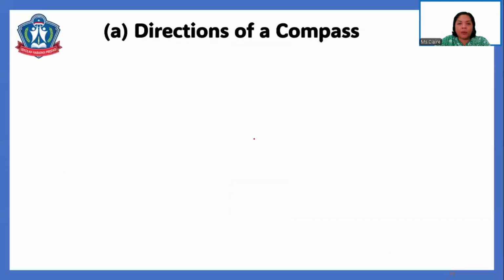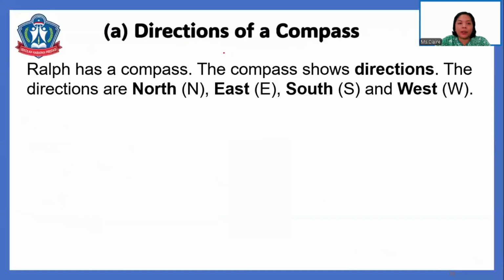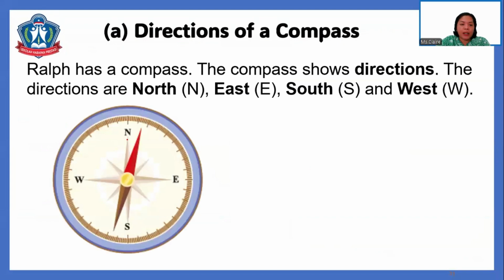I have here another one, direction of a compass. Do you know what a compass is, P3? A compass is a tool used to show direction. There are 4 primary directions: the north, east, south, and west.